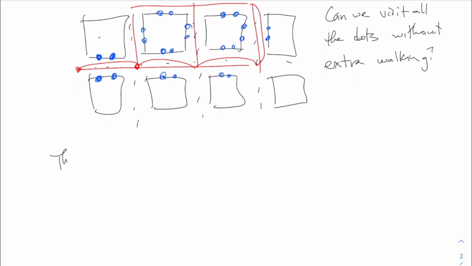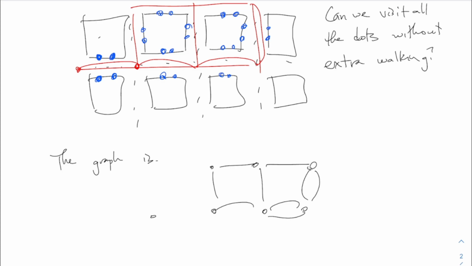Anyway, the graph I want to consider here, I'm just going to redraw it, is I have these guys like this, and then an edge, an edge, an edge, two edges here, two edges here, two here, two here. All right, that's really the graph that I want to be thinking about here. And then it is on this graph. Sorry, this is a little sloppily drawn. I hope you don't mind. I'm going to try and draw it nicer.